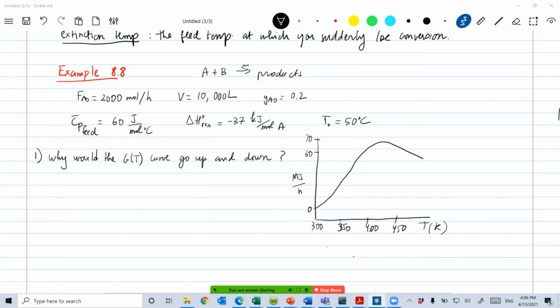So the G of T curve can have many forms. Your fourth exam will be a take-home exam where you have to draw out the G of T curve, using Excel, so no Python is needed and you can all do it.